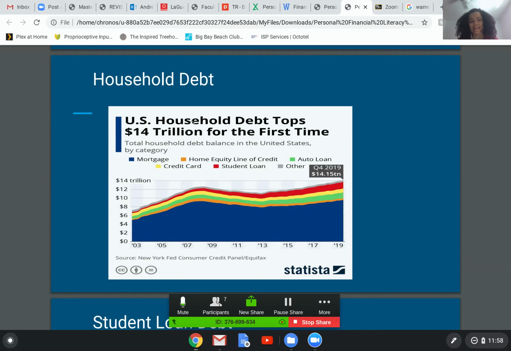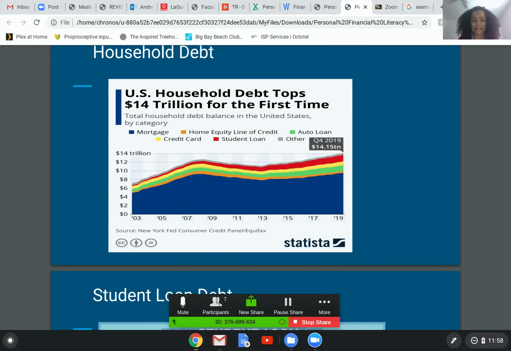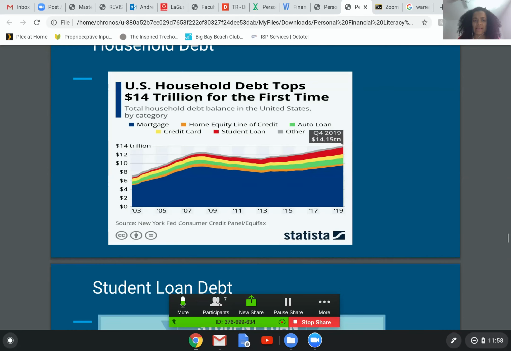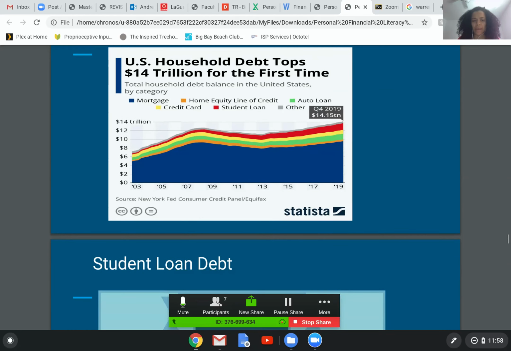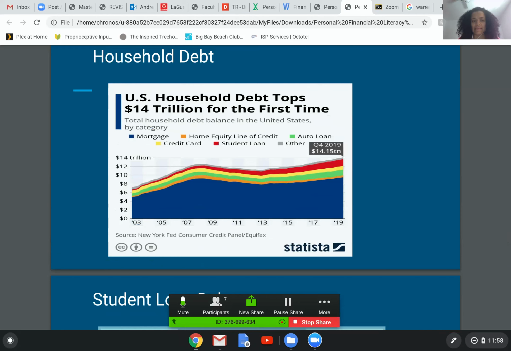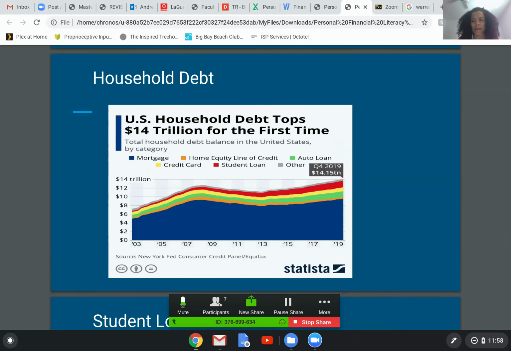This is a staggering amount of debt. It's more debt in the households than before the financial crisis of 2008. So basically, when we think about the impact of COVID-19, and how, as of now, about 26 million people have filed for unemployment across the country.